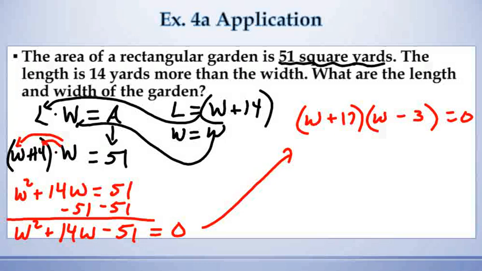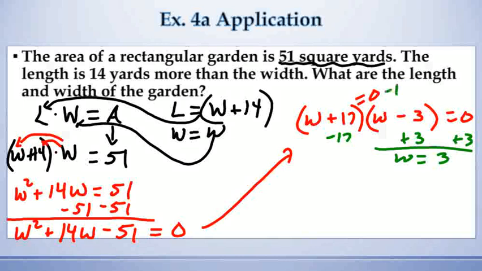So now I just need to make both of them equal to 0. So for this first part, to solve for W, I add 3 to both sides. So the width can equal a positive 3. If I subtract 17 on both sides here, the width will equal a negative 17.